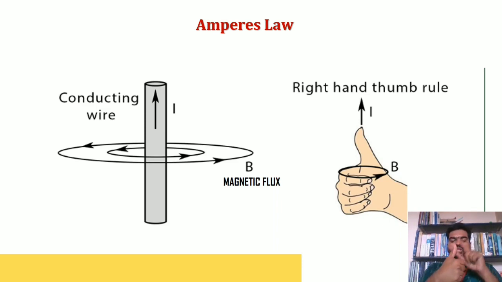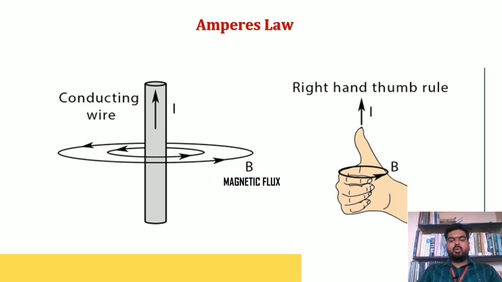Just assume there is a straight line, a current, like a conductor. If there is any current flowing in this conductor, because of this current flow there will be a magnetic flux produced around the conductor. That is called the right hand thumb rule, that is Ampere's law.